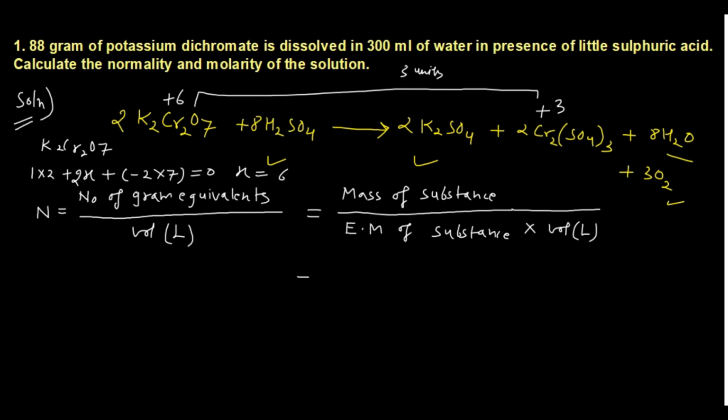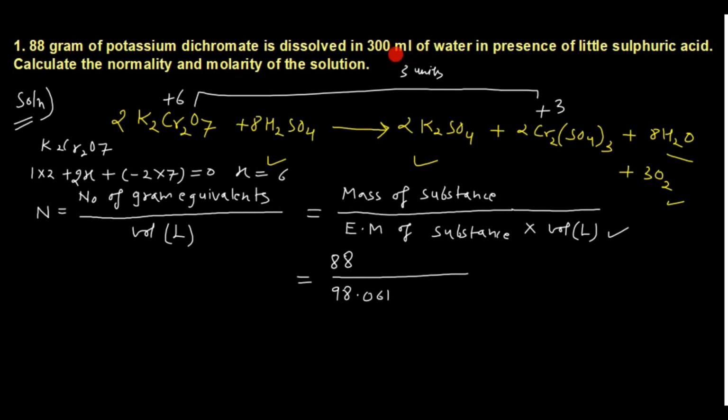So what is the mass given? Mass given is 88 gram. You can see here 88 gram is given in the question itself. Okay. And this 88 should be divided by equivalent mass of the substance potassium dichromate, which you have calculated as 98.061. Now the volume of solution in liters, but you have been given this volume as 300 ml.